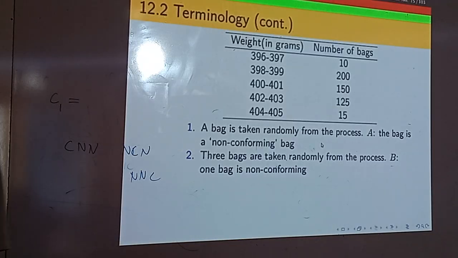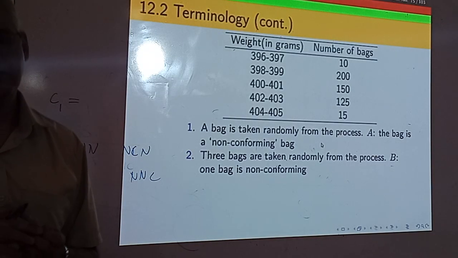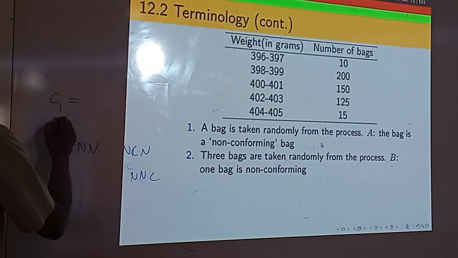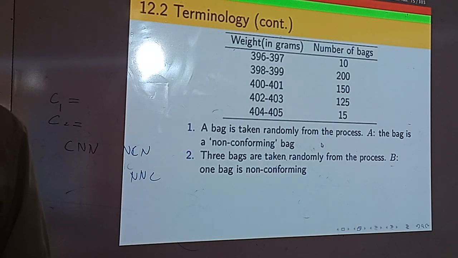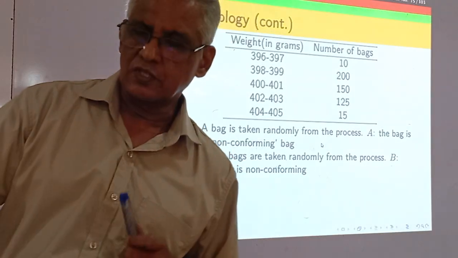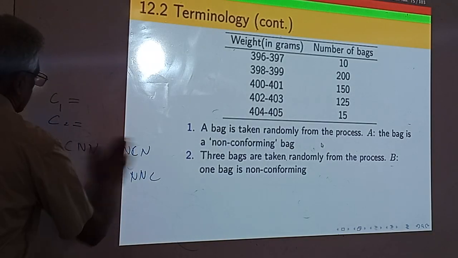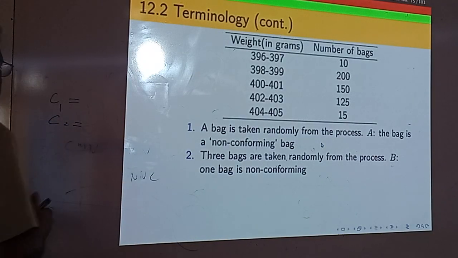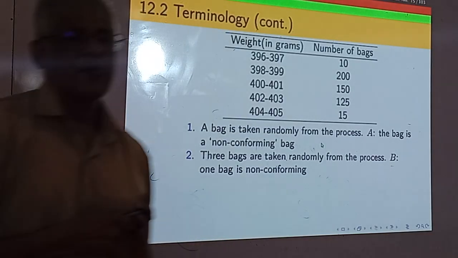The first bag being non-conforming can be written as C1 dash. Similarly, C2 is the event that the second bag is conforming, and C2 dash is the event that the second bag is not conforming. Similarly, C3 is the event that the third bag is conforming.